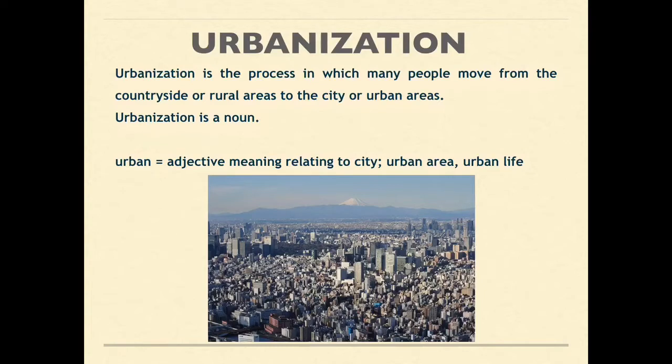Therefore, urbanization is the process in which many people move from the countryside or rural areas to the city or urban areas. Urbanization is a noun. By the way, rural areas are areas far from the city or in the countryside.